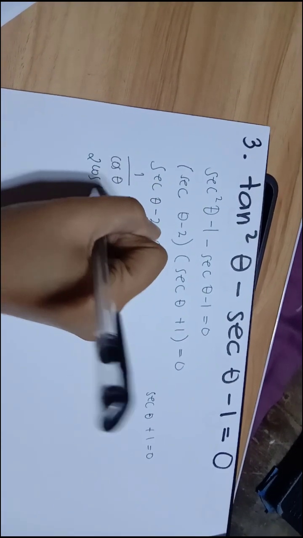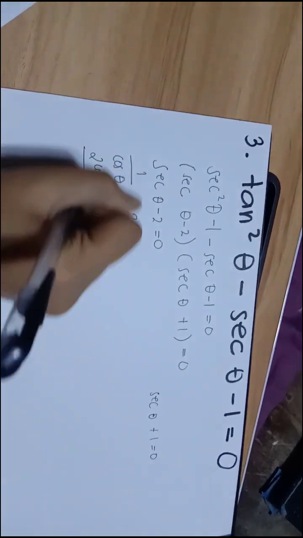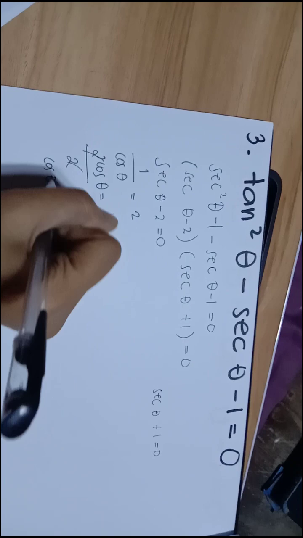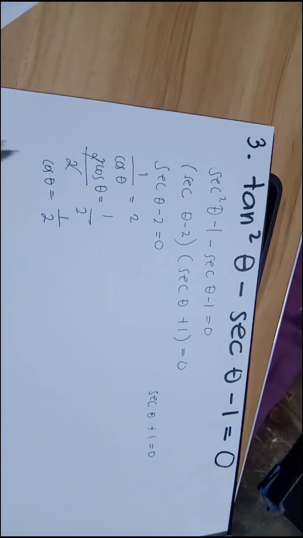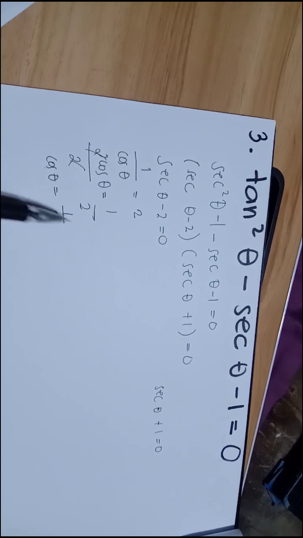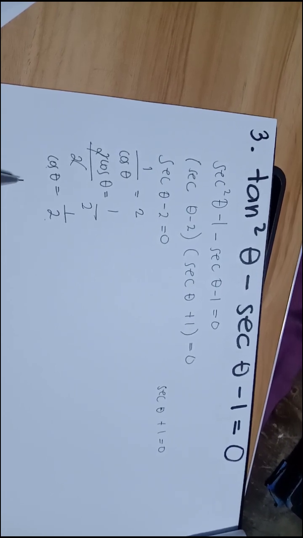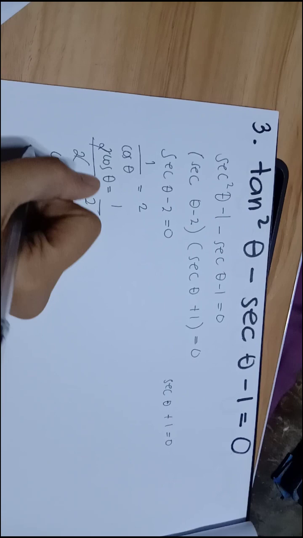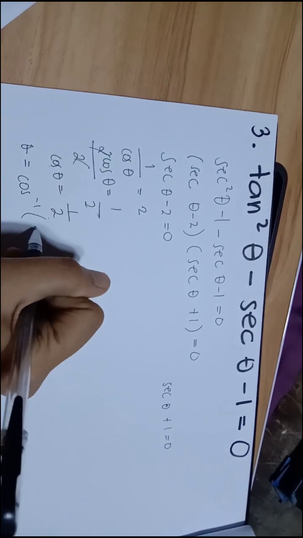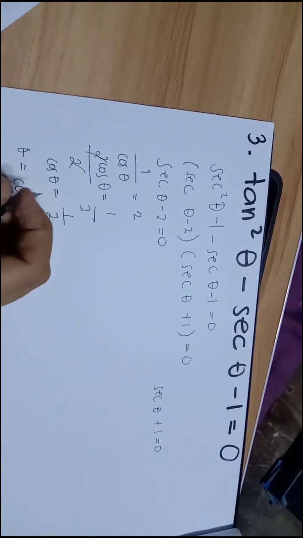After that, divide both sides by 2, cancel out, cosine theta equals 1/2. So theta now is equal to arc cosine of 1/2.